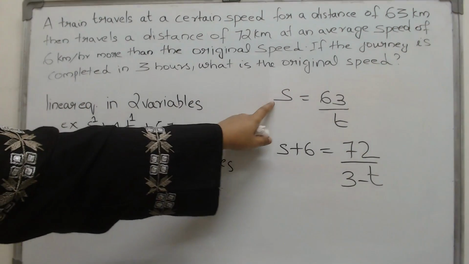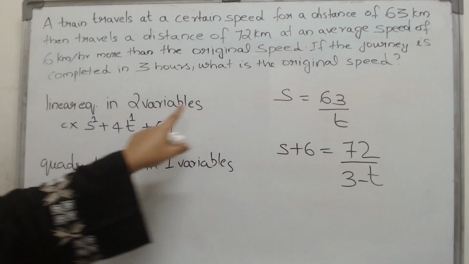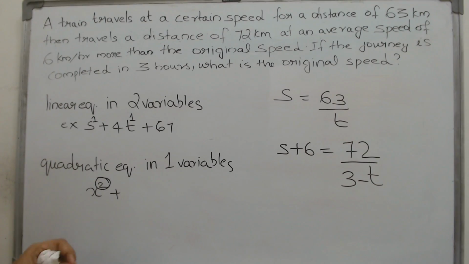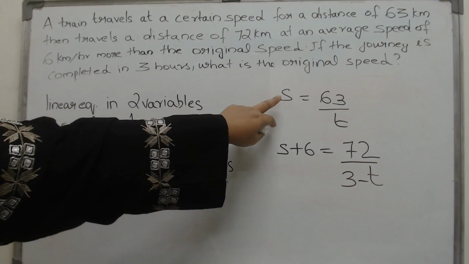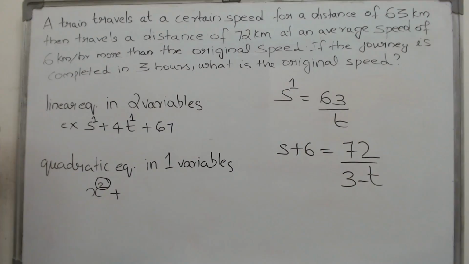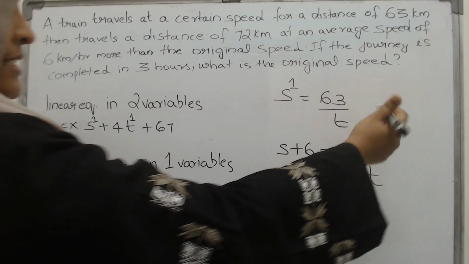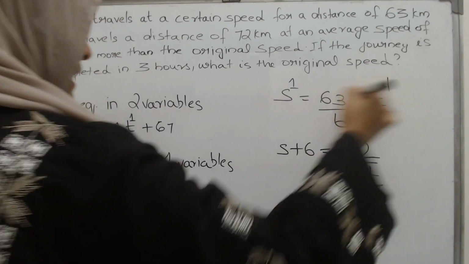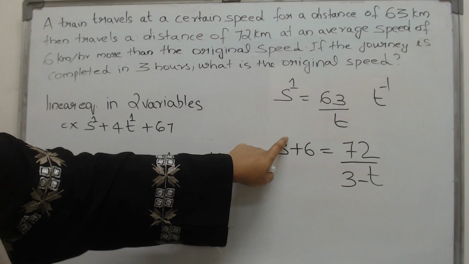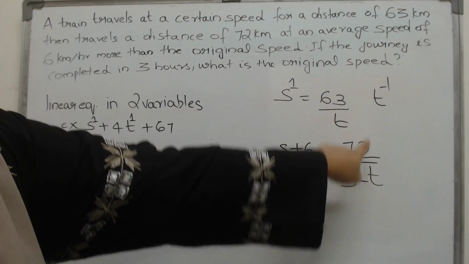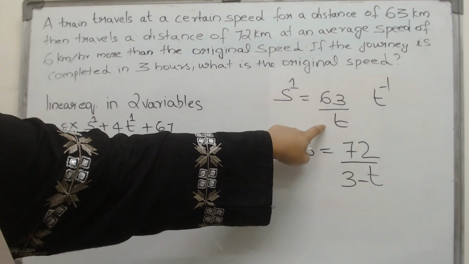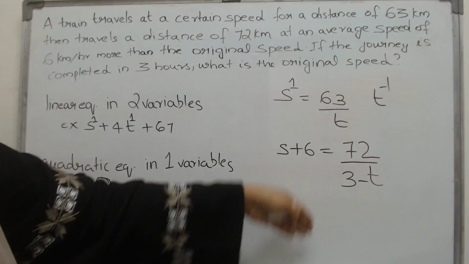Now comes the question. You have two variables here, but is it a linear equation? No, it is not. Why is that? Here it is s raised to 1, but what about this? Here it is coming in the denominator, which means it is t raised to minus 1. Here also it is the same. In both the cases the t comes in the denominator.